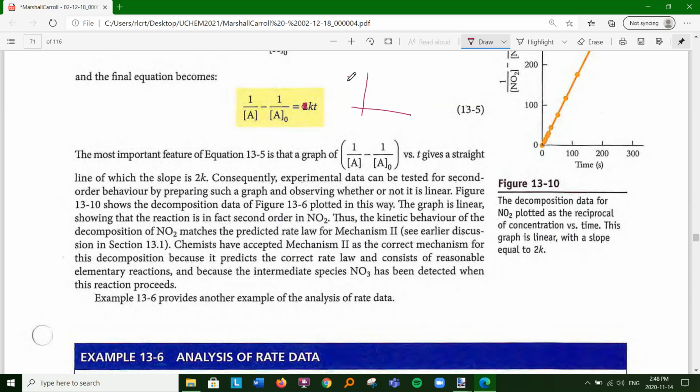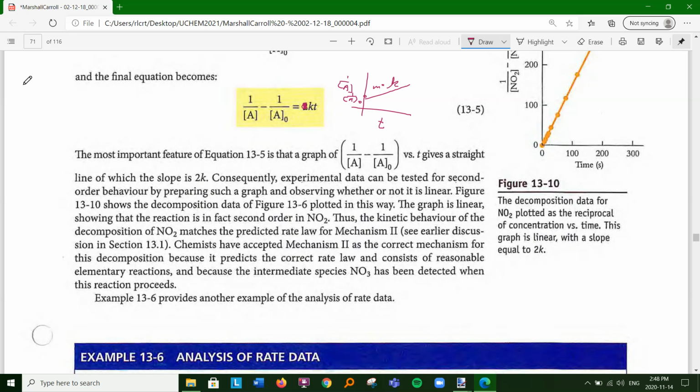Okay, so we got 1 over A versus t, and my slope is positive with my slope m equaling k, and the y-intercept 1 over A naught. Okay, so if you do a graph of 1 over A, the reciprocal of A versus time, you will get a positive slope with a value of that slope equaling the rate constant. So you can calculate the rate constant.